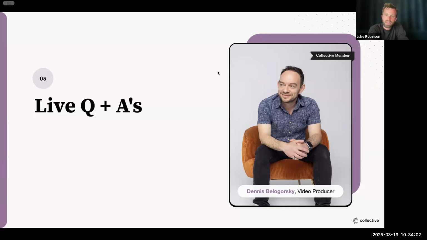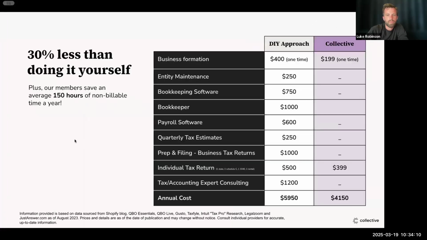And the reason that we recommend that is, when you look back on the slide previously, if you pay monthly, Collective comes out to around $4,100 a year, as you can see. If you pay in full for the 12 months, then that drops it down to around $3,500 a year, somewhere around there.